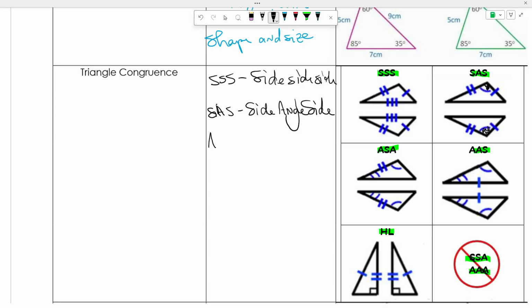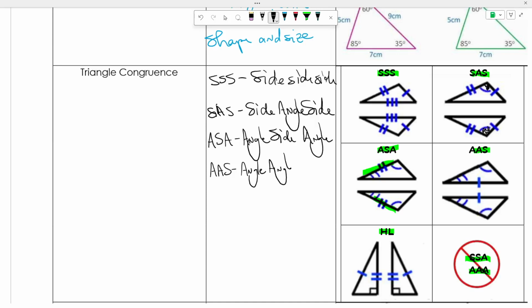We also have ASA, which stands for angle, side, angle. With these, notice that this time our side is included between the two angles. This also shows that two triangles are congruent to each other. Another one we have is angle, angle, side, AAS.